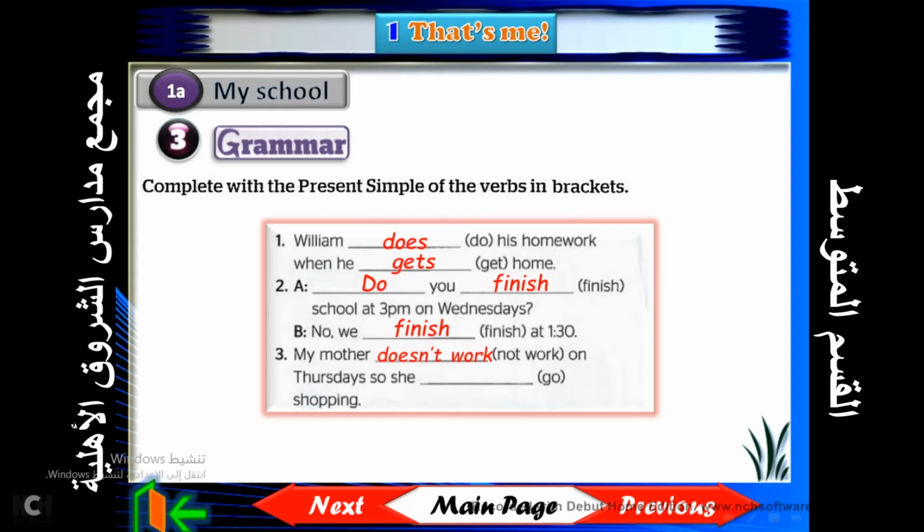Here my mother is singular. I have only one mother. My mother doesn't work on Thursdays, so she is a singular pronoun. We should add s, es, ies to the verb. Here the verb ends with o. We should add es. The answer: so she goes shopping.